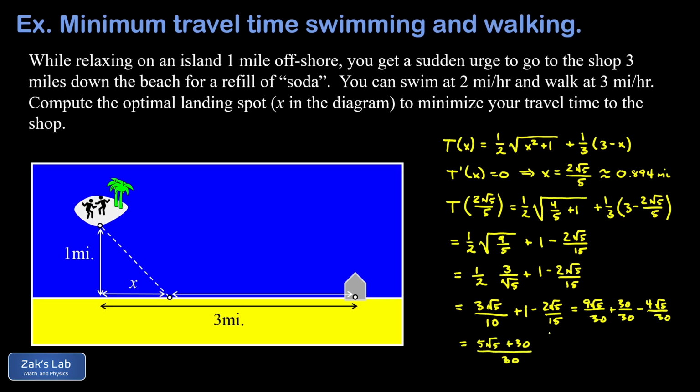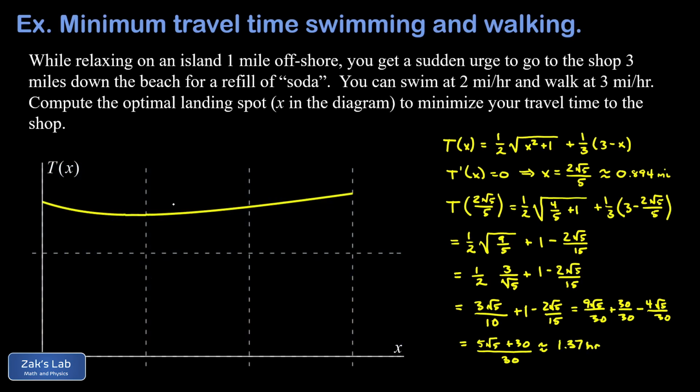Now that certainly doesn't mean as much as a decimal approximation in terms of interpreting our answer here. So getting a decimal approximation on this, we find that our total travel time is going to be about 1.37 hours. So taking one last look at our total travel time function here, we found that our minimum travel time is achieved when x is 0.894 miles, in other words, about 0.9 miles. So we're talking about something like this for our x value.